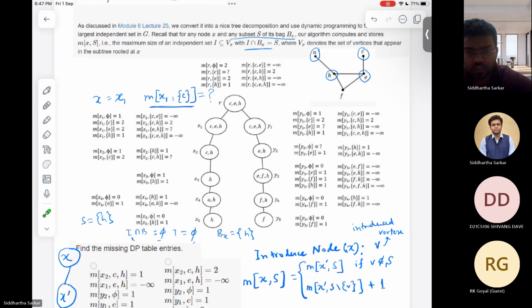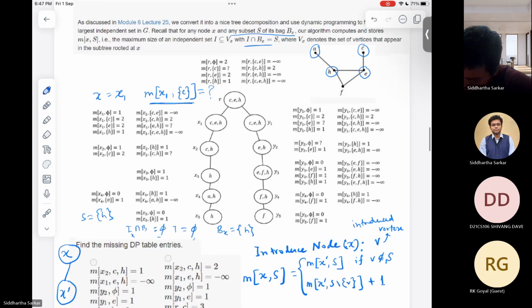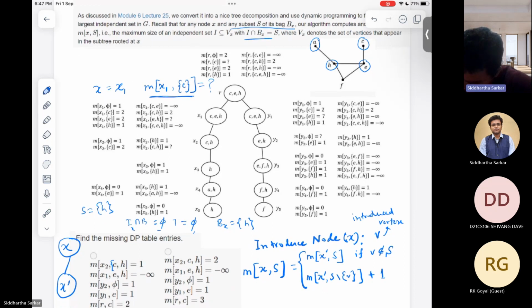It is written as c comma h, but it is actually a set {c, h}; there is a typo. Basically, we are interested in computing this entry. The node ch is an introduced node, so we are computing the entry in the table corresponding to this node, which is introducing c.